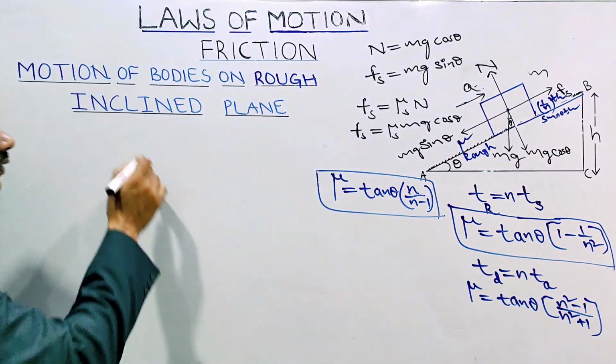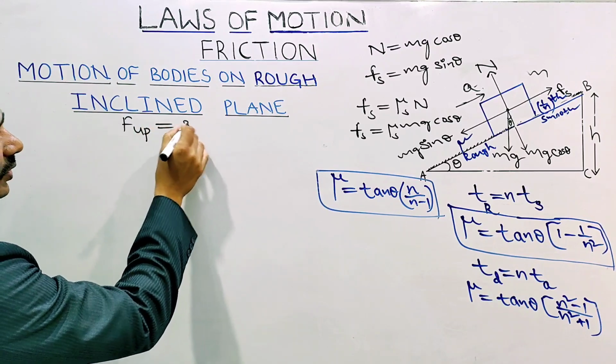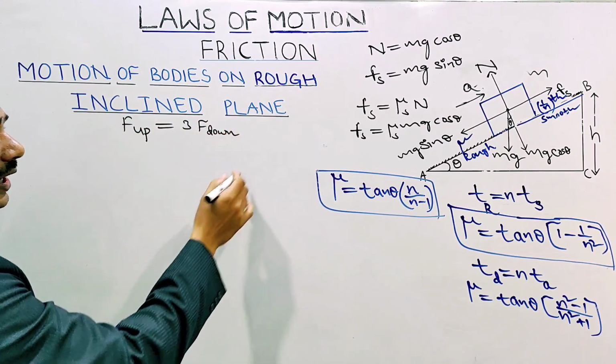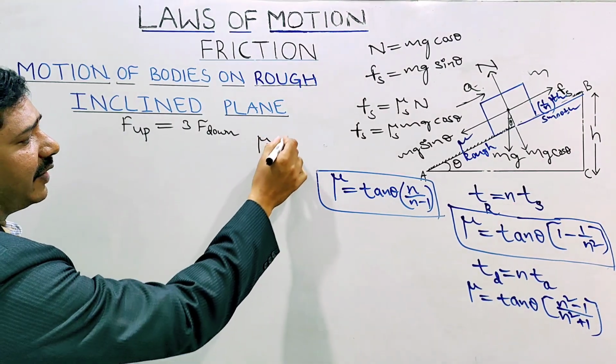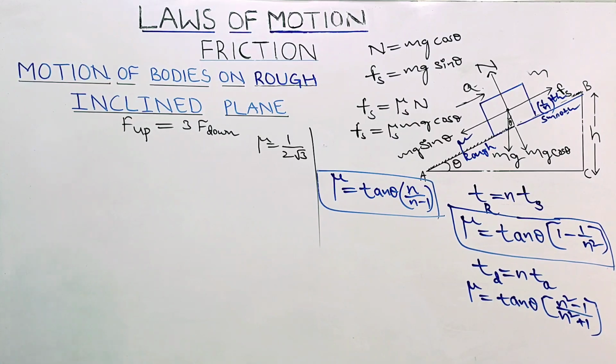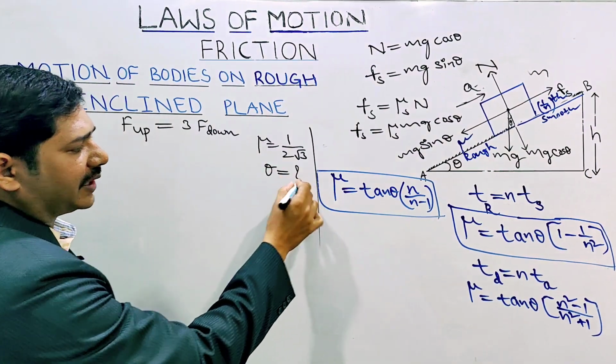Coefficient of friction is also given as 1 by 2 root 3. They are asking for the angle of inclination, theta.